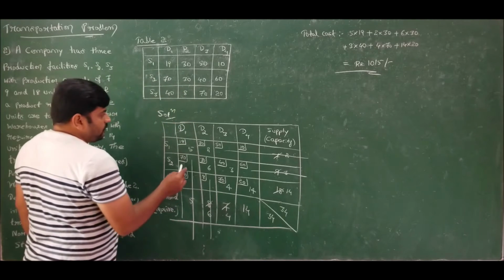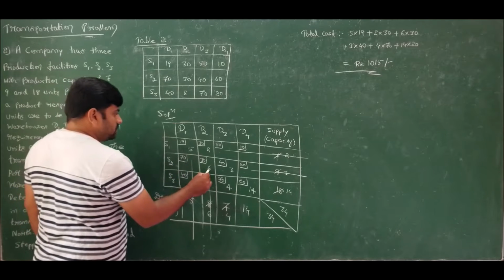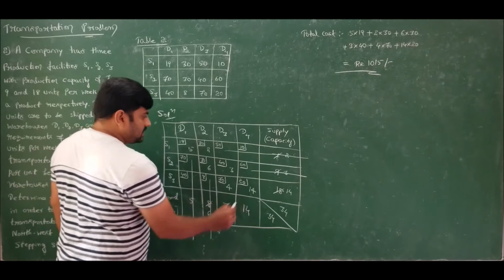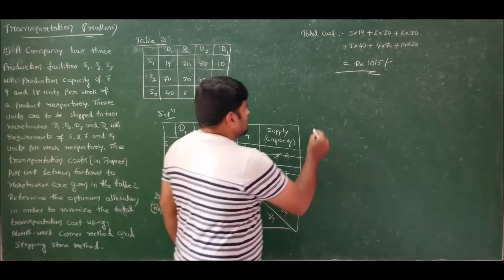Now if you look at the number of allocations as 1, 2, 3, 4, 5 and 6, the total number of allocations is 6.